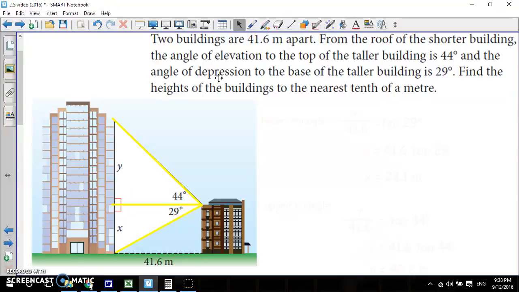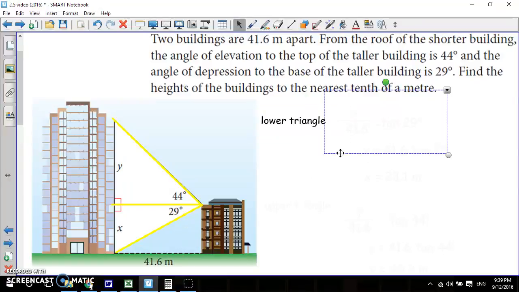Okay, so let's start solving these triangles. We will start with the small triangle at the bottom. I have 41.6 meters next to or adjacent to the 29 degrees angle, and x is opposite from the 29 degree angle.